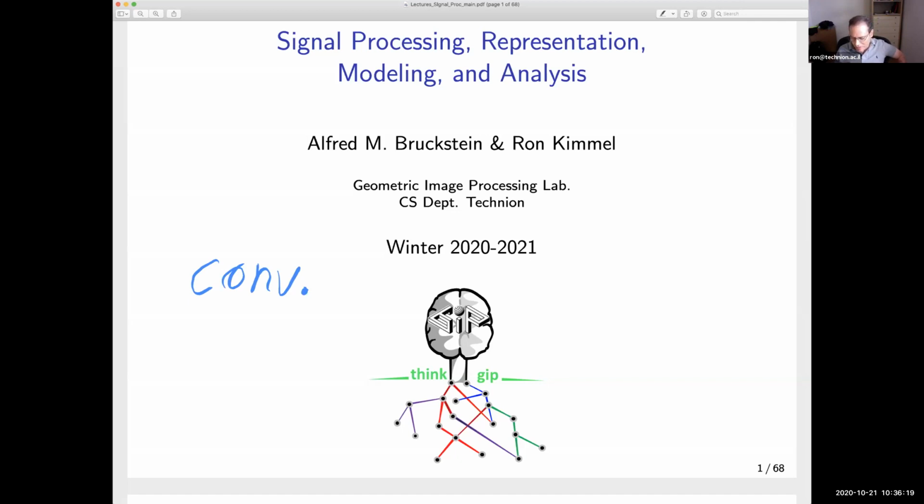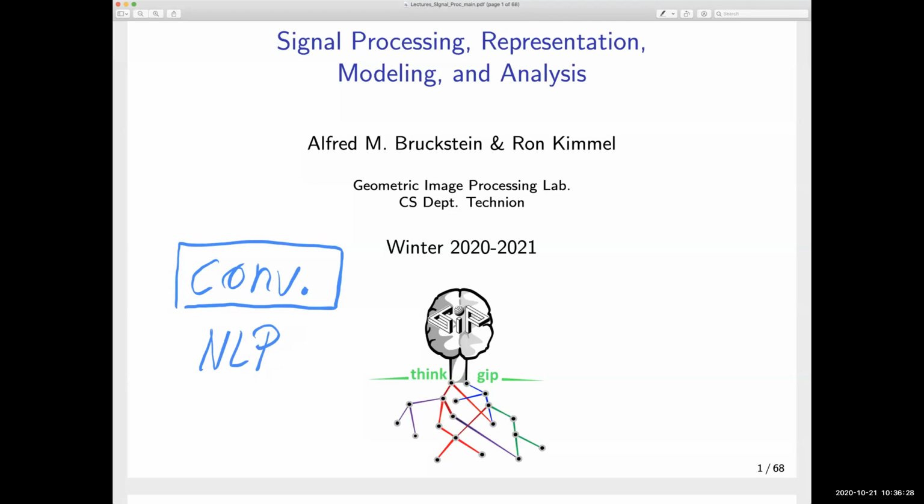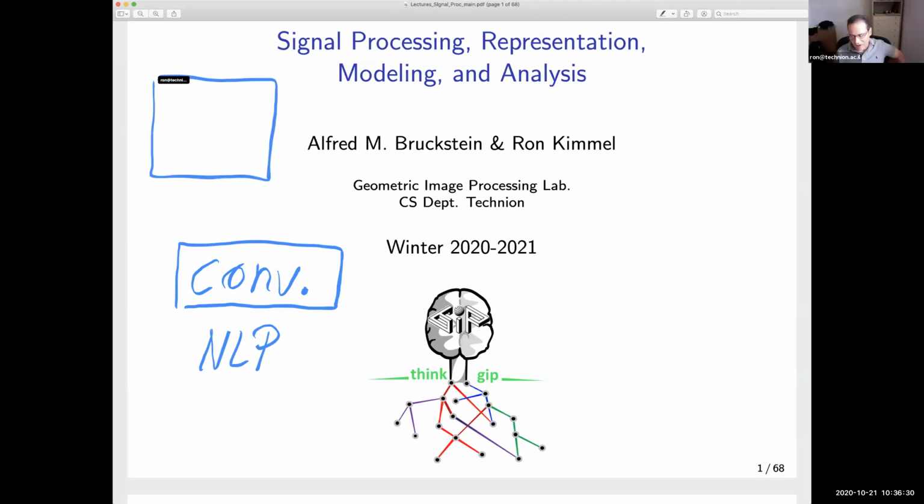Now, it is true that convolution was adopted also in the field of natural language processing and others, but the core assumption is, if you have an image and a face can appear at that point or that point, you would like to apply the same operators in order to find the face in the image. Or if you have a cat, rather than a face of a person, you should apply the same filters, the same operators in order to detect the cat here or there.